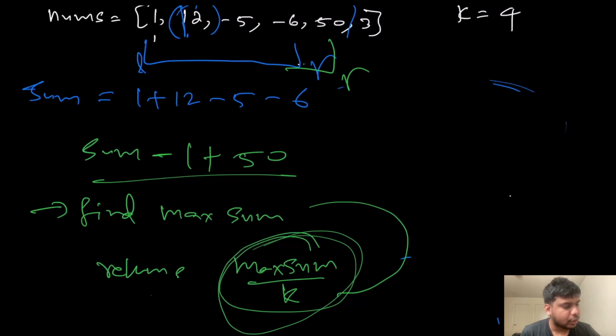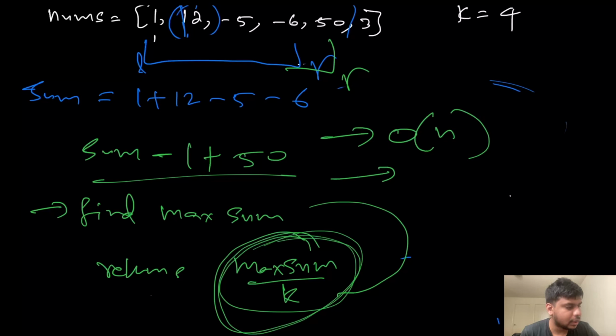And this particular approach will give you O of n time complexity and O of 1 space complexity, because you're just using two pointers L and R, so you're not consuming any extra space. And this problem specifically was made for a pattern like sliding window.